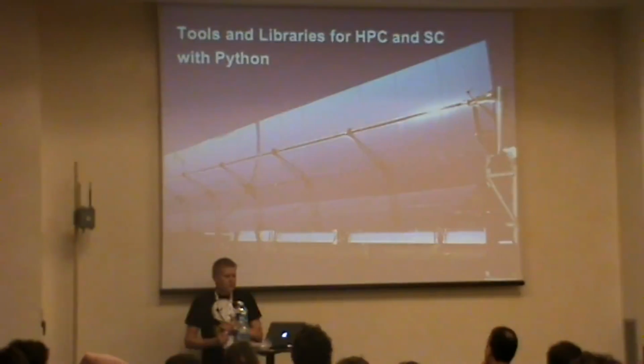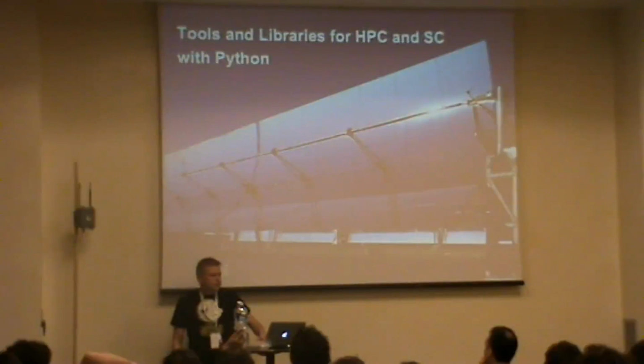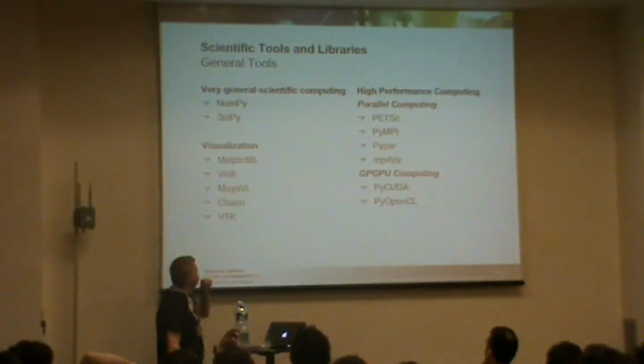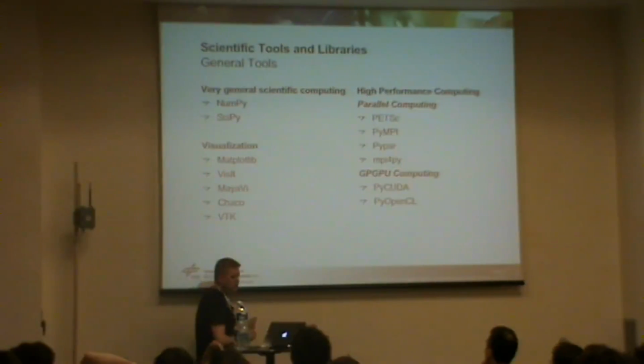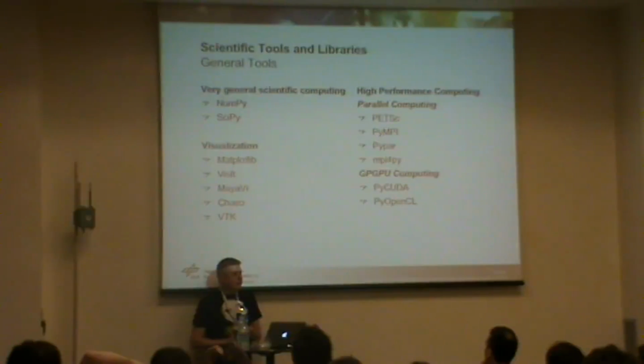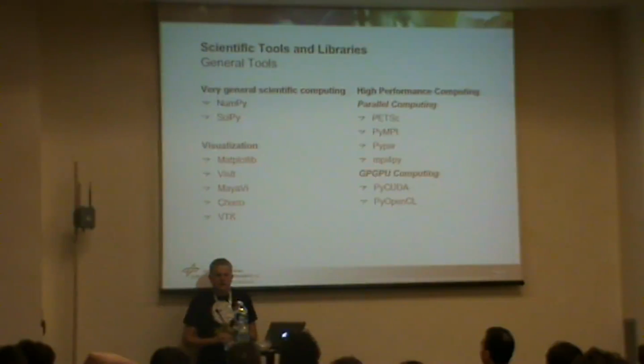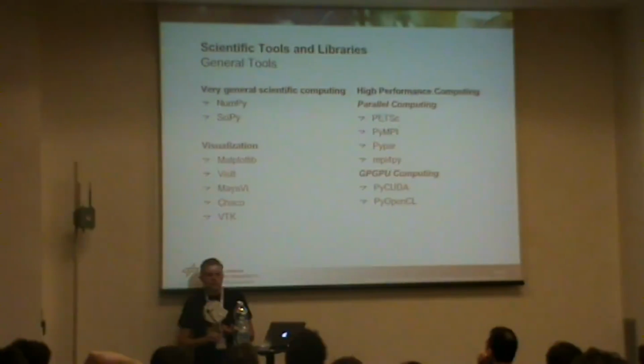So, which tools and libraries for HPC and scientific computing with Python are there? We have very general tools like NumPy and SciPy. We have visualization tools. Matplotlib is very commonly used. I guess here at the conference there was a tutorial where Matplotlib was used.